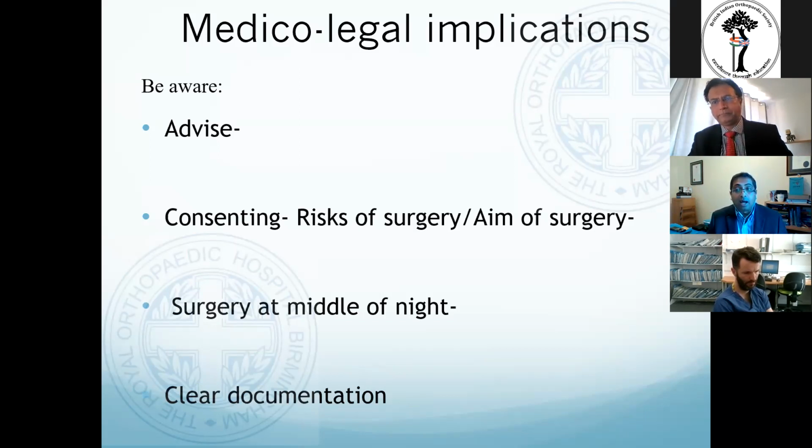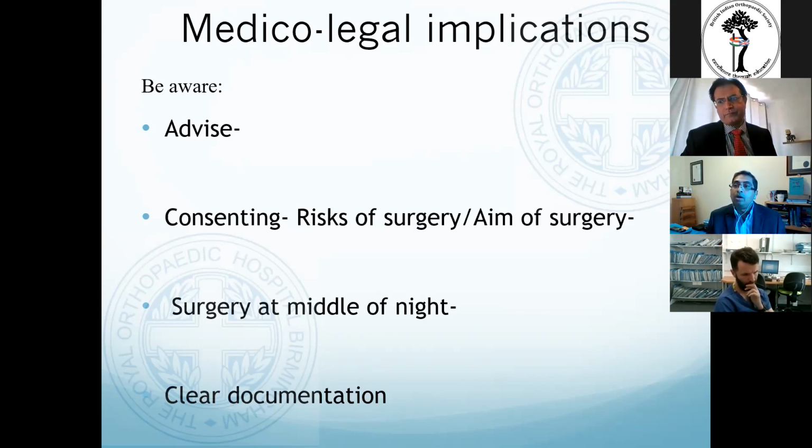Surgery in the middle of the night, out-of-hours surgery, is also a very controversial issue. As a trainee, I used to operate on cauda equina syndrome at 3 or 4 o'clock in the morning. Again, unit policy varies. But do you get a good outcome operating in the middle of the night? There is your tiredness, the surgeon's skill, the skills of the operating theater nurses. So again, it depends on the local policy and also the presentation of the patient.